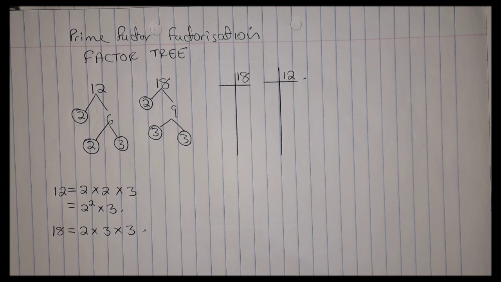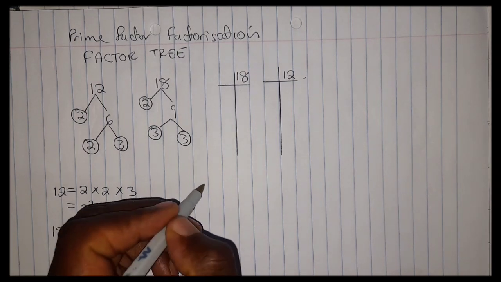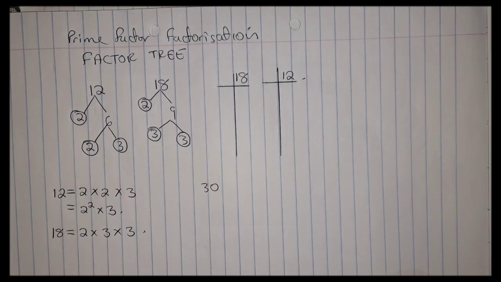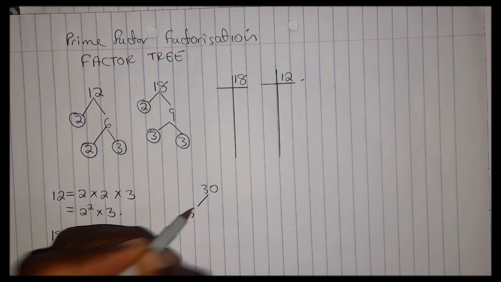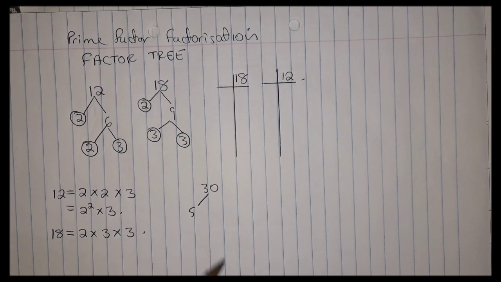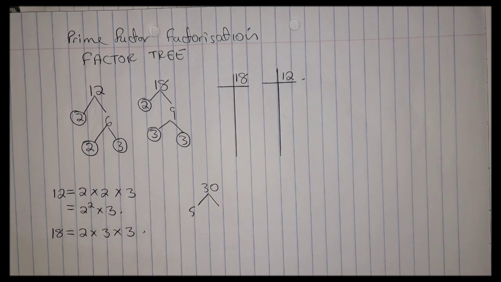So it's not 2 and 3 only which can be used. It can be any prime number. For example, if I take 30, I can start with 2, but I can also start with 5 because 5 is a prime number as well. 5 goes into 30 how many times? It's 6 times.